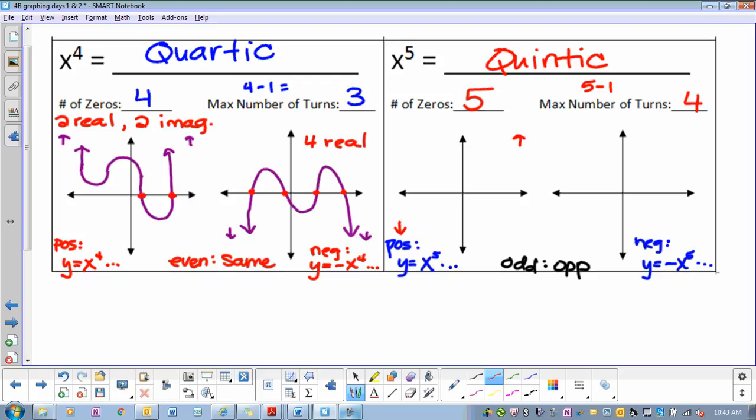Okay, it can have up to 4. So this one's going down. All right, let's see. 1, 2, 3, 4.